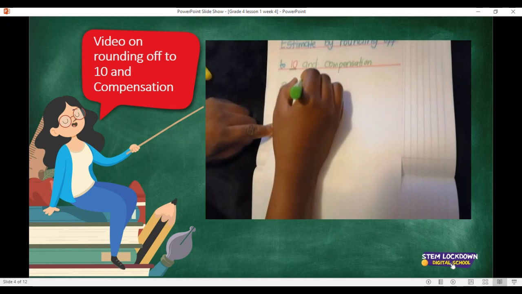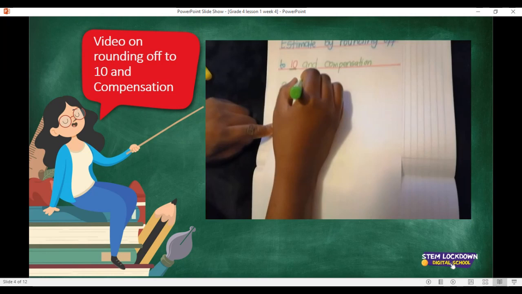So you'll see with rounding off and compensation, I wanted you to come to that conclusion yourself. If we lost something, we have to add it to the estimated answer. And if we gain something, we have to subtract it from the estimated answer. But I wanted you guys to come to that realization yourselves.